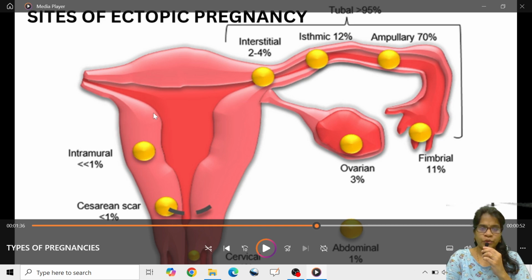The other embryo that has developed may sit in the ampullary region, the isthmus part, or the interstitial part, which may lead to ectopic pregnancy. So if two embryos are developing at a time in different areas of the reproductive system, that is what you call heterotopic pregnancy.